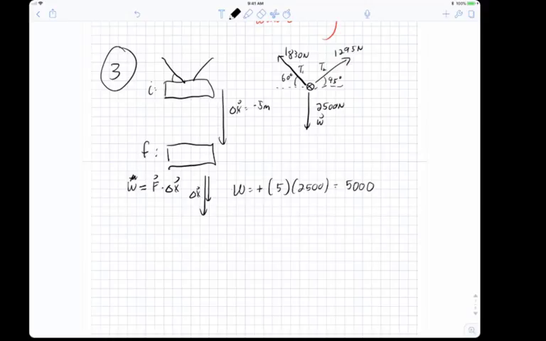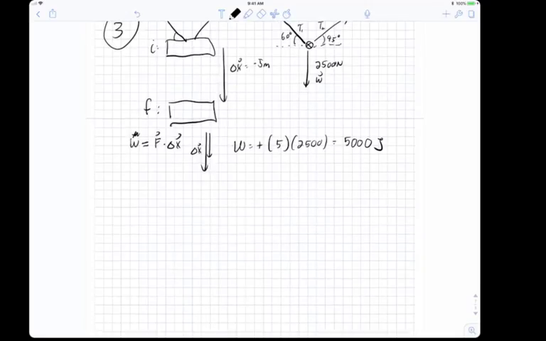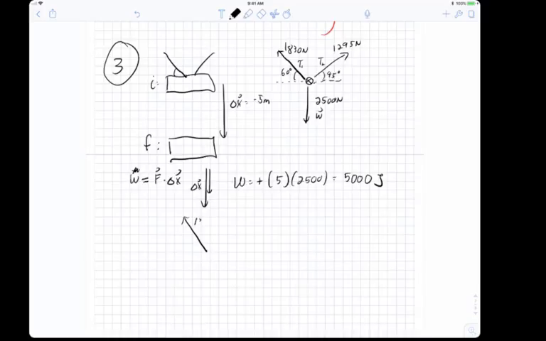5,000 joules. Next one, T1. T1 looks like that, 1830. Delta x looks like that, 5. What's the angle between them? The angle is going to be 60 plus 90.